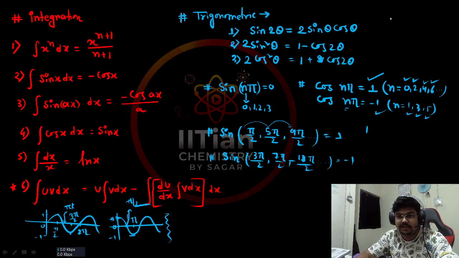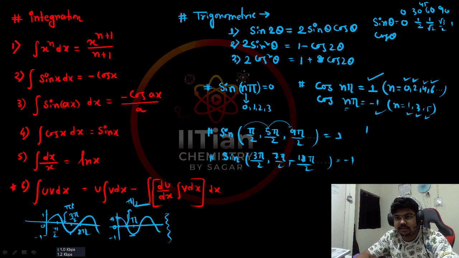And in case you forgot the values of sine theta at different degrees, for example 0 degree, sine 30, sine 60, sine 90: sine 0 is equal to 0, sine 30 equal to 1 by 2, sine 45 is 1 by root 2, then sine 60 is equal to root 3 by 2, then sine 90 is 1.